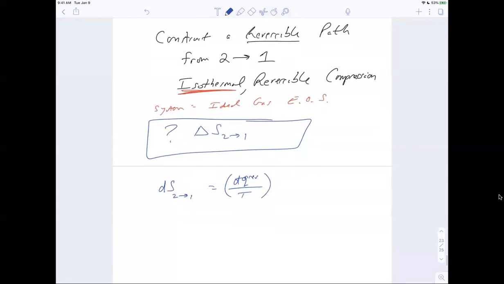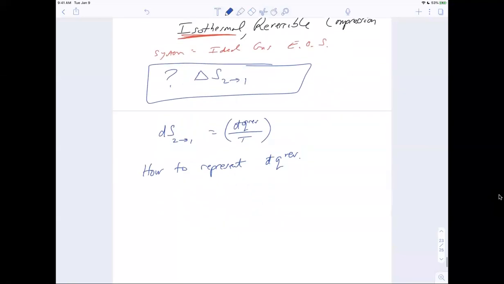All right, let's see. First law. I need to get dQ reversible. How to represent dQ reversible? Okay, so this is how we do it.